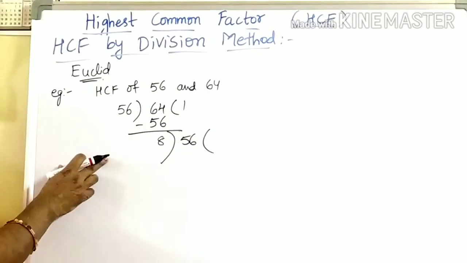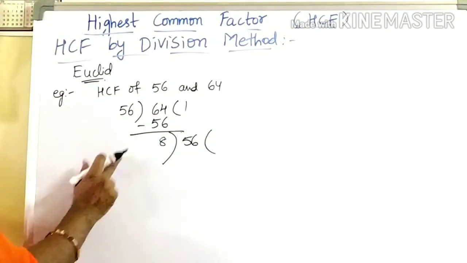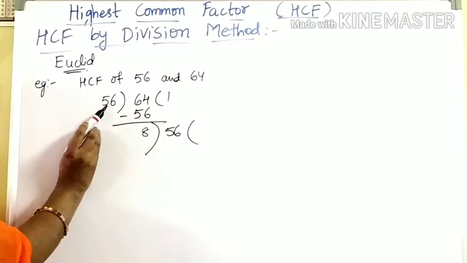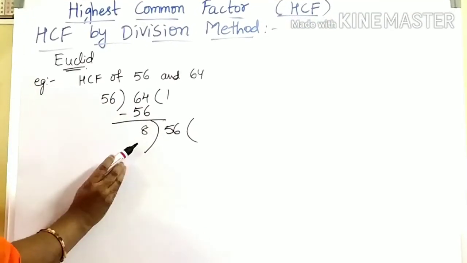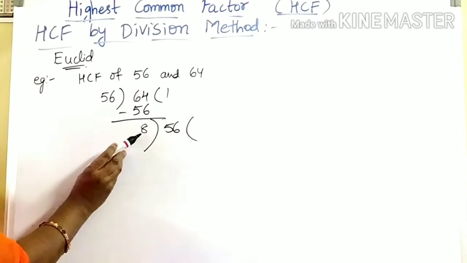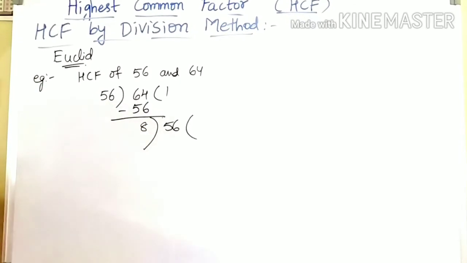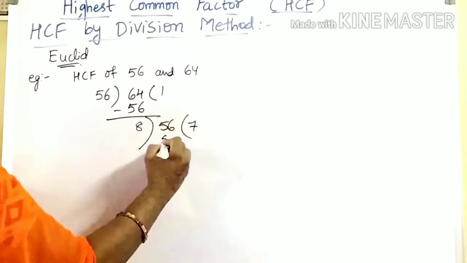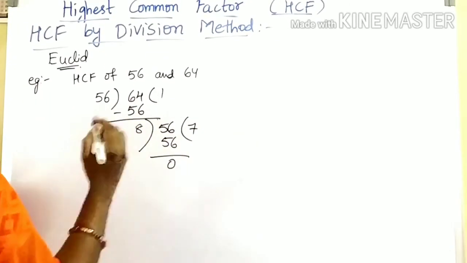Once again I am explaining, we divide the larger number by the smaller, then divide the previous divisor by the remainder. This 8 is the remainder, and the previous divisor is 56. Now how many times will it go? 8 sevens are 56. So you got the remainder as 0.